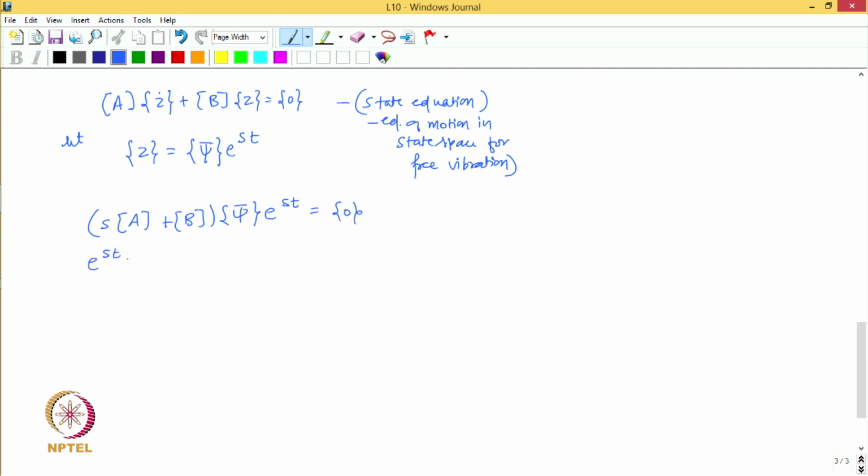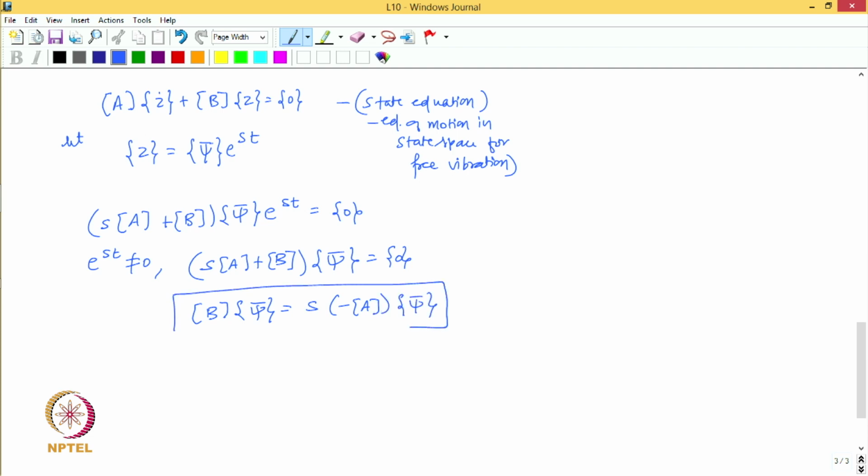Now, e to the power st cannot be 0 for arbitrary t, and hence if we simplify, we will have (A s plus B) psi bar equal to 0, which also can be written as B psi bar is equal to s (minus A) psi bar, right. So, we see that this is similar to the generalized eigenvalue problem we got earlier.